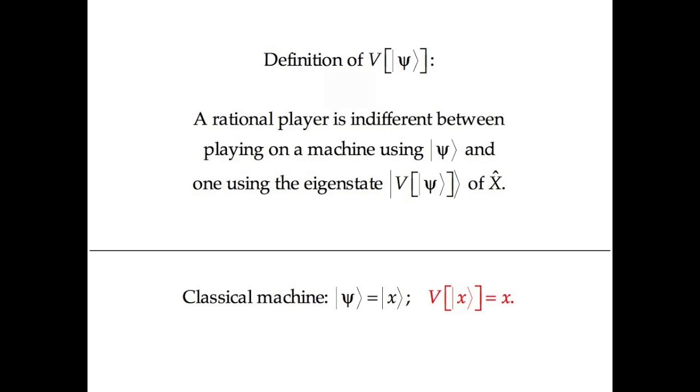Well, some other facts about v of psi, in more general psi, are obvious too. We don't need probability or the Born rule or anything. For example, if the state is a superposition of eigenstates of x, all of whose eigenvalues are greater than 1, then elementary rationality says that it's worth playing, because whatever the outcome, the machine will give you more than the one token that you put in.